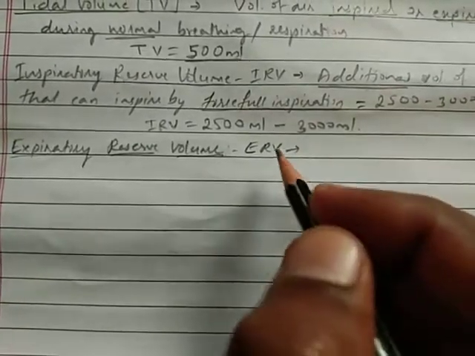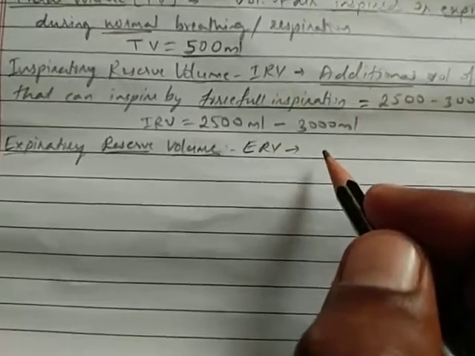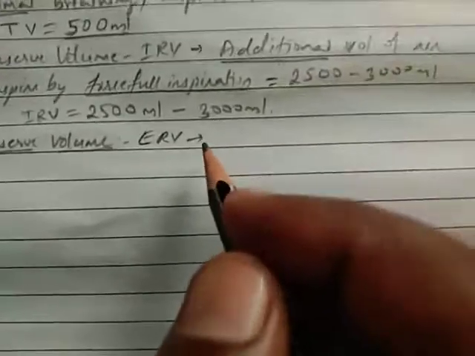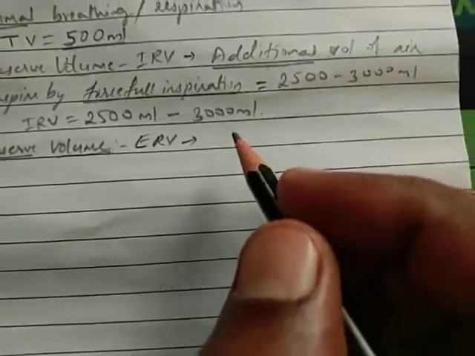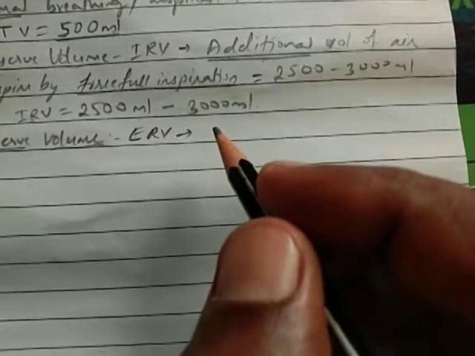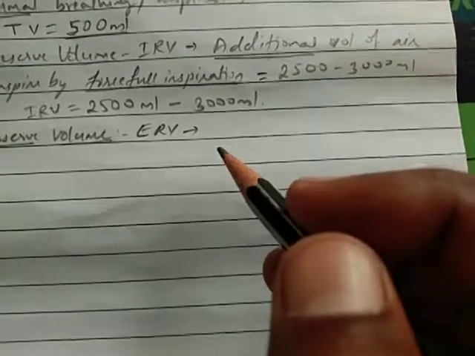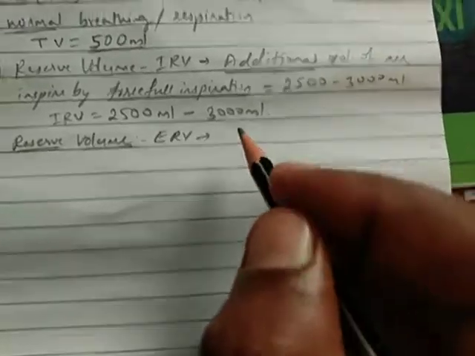What is the meaning of ERV? It is the additional volume of air that can be expired by forceful expiration.